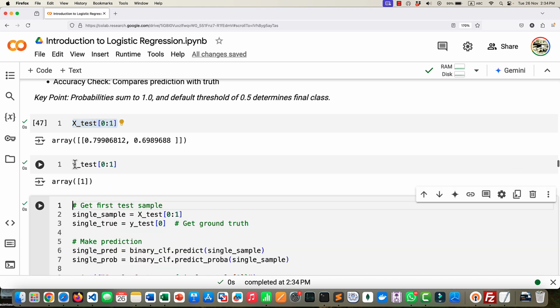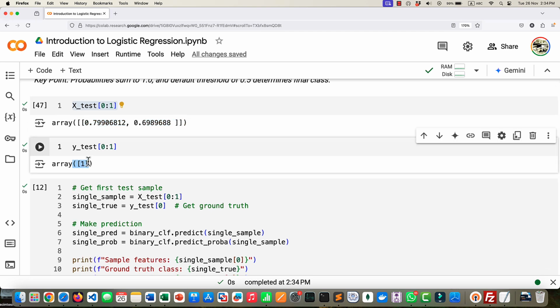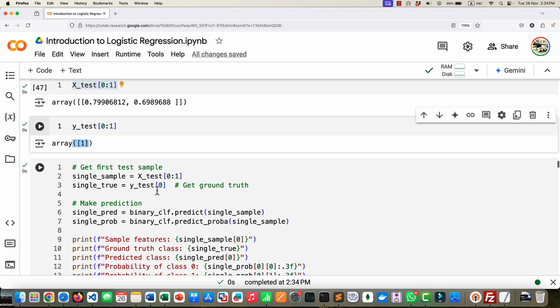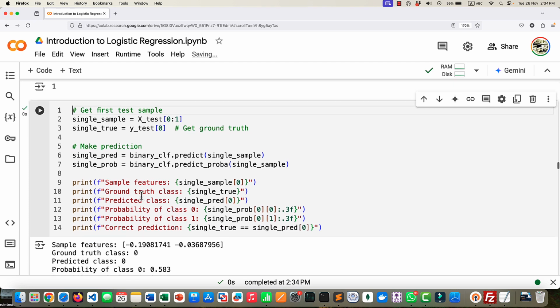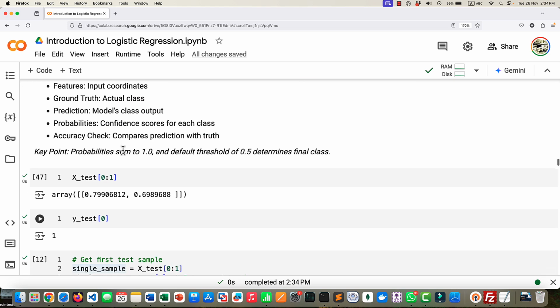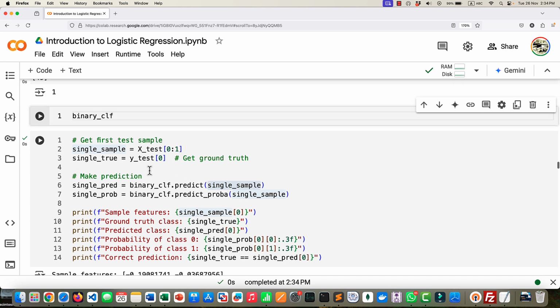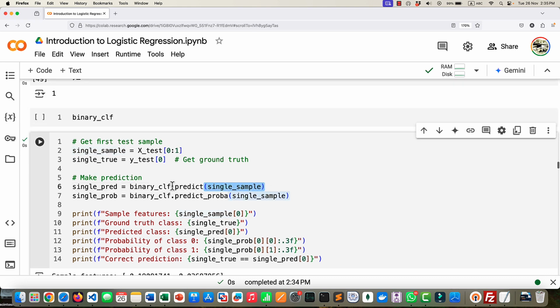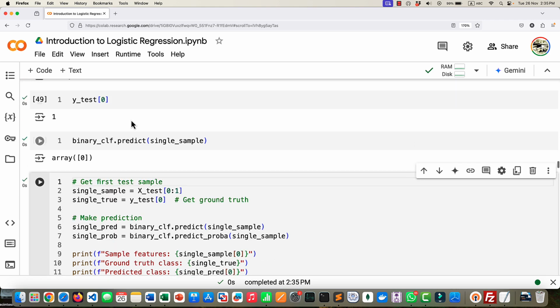In principle, this input must give me the value 1 as a classification. This is the true value, and now you make a prediction. So let me take the sample and apply the model that I trained here. Let me take it step by step. This is my model, and then I will call dot predict on the single sample. So this is the prediction.